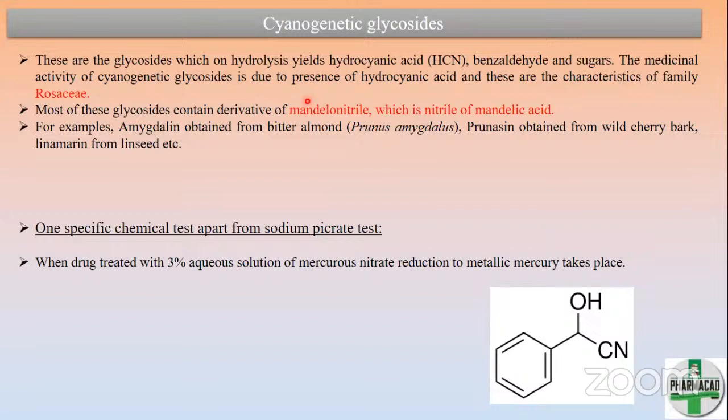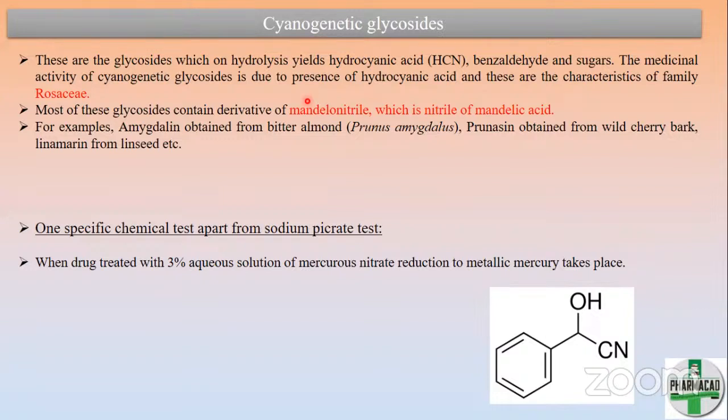Now, the medicinal activity of cyanogenetic glycoside is due to the presence of hydrocyanic acid, and these are the characteristics of family Rosaceae. Most of these glycosides contain derivatives of mandelonitrile, which is nothing but nitrile of mandelic acid or cyanide of mandelic acid.